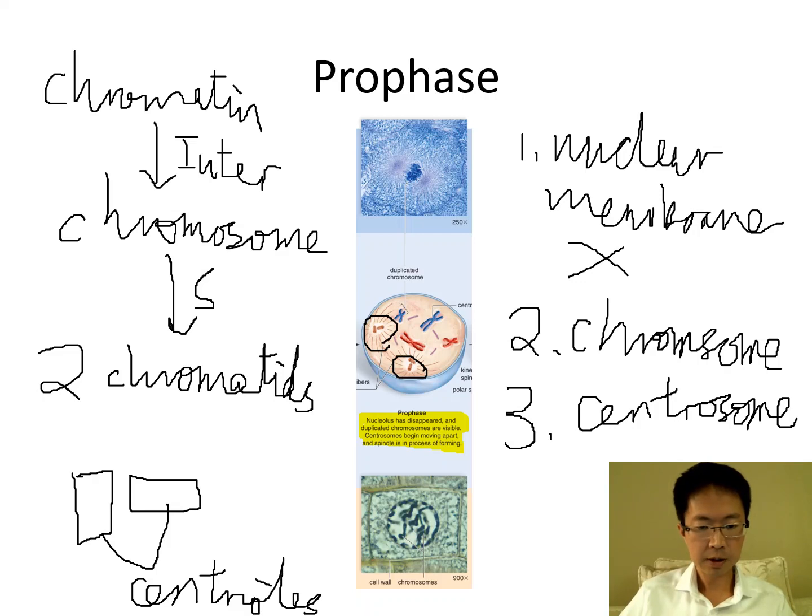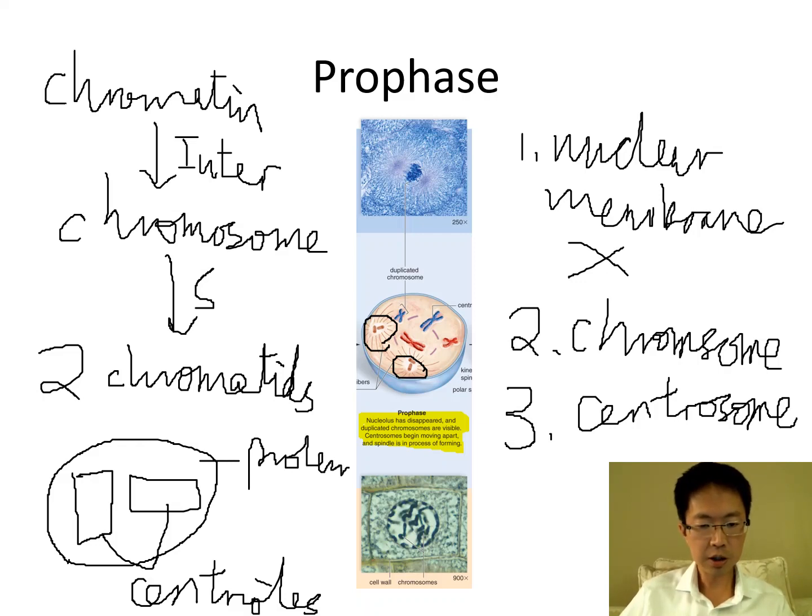Okay, and then you see that around the centriole, something white, like a white circle around the two centriole. So this is the protein gel, some kind of protein gel.